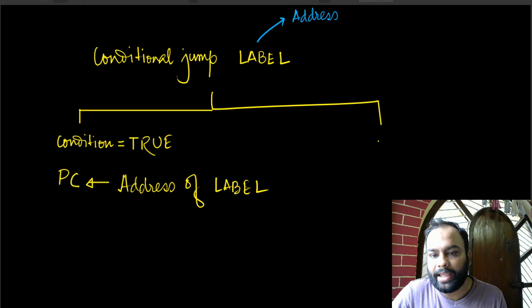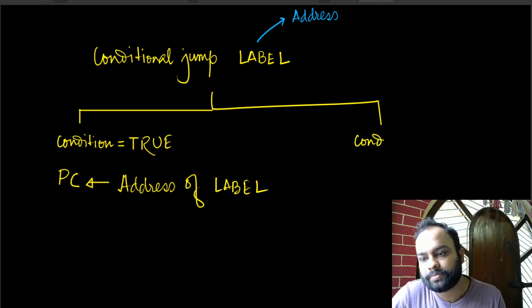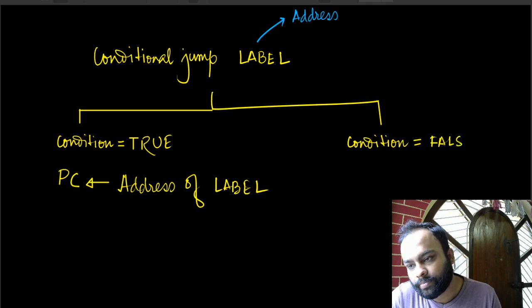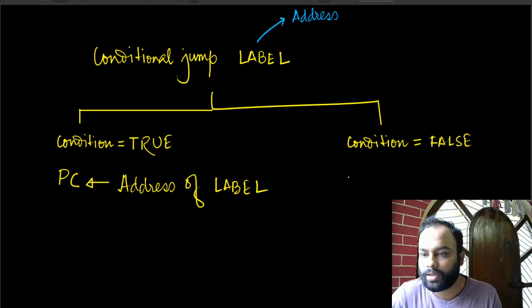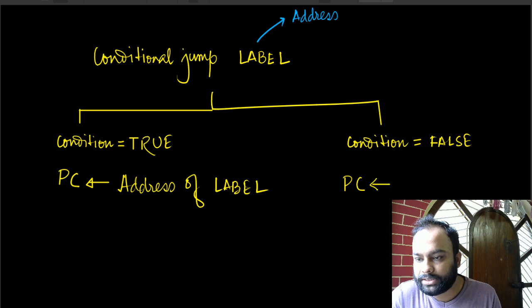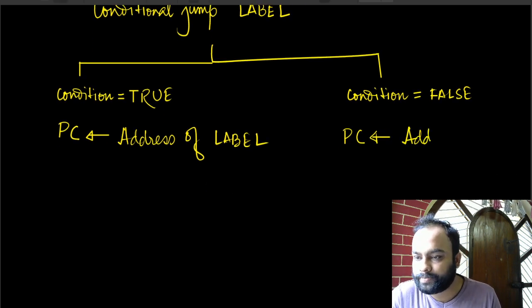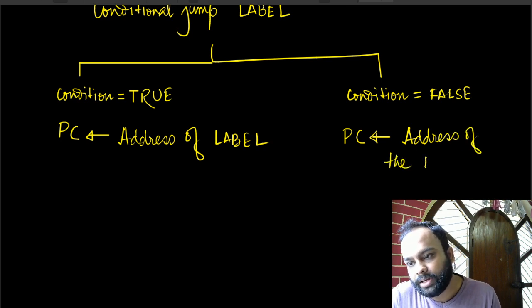And if the condition is false, then the value of the program counter is set to the address of the next instruction.